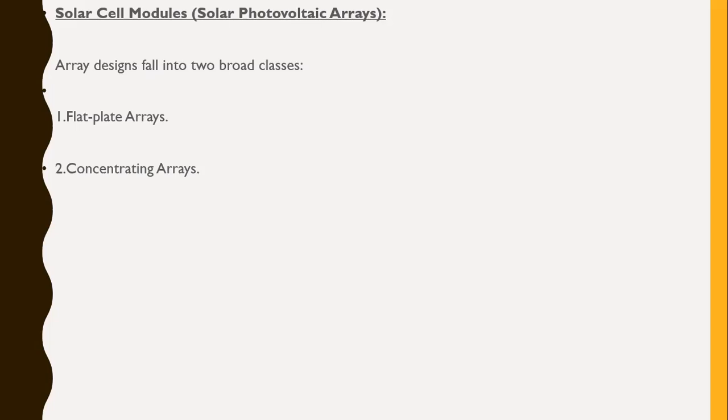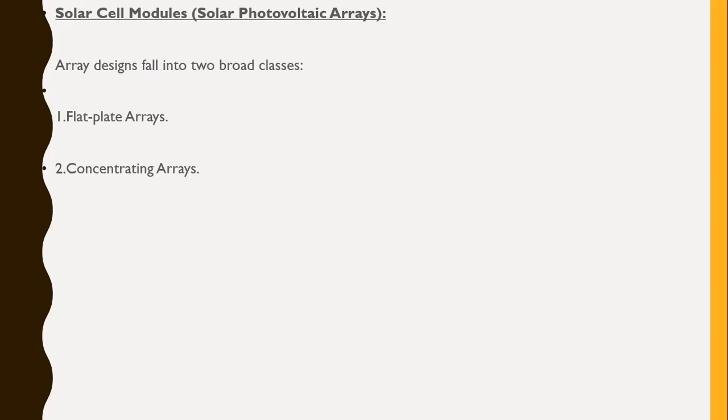This fixed array is oriented east-west and tilted up at an angle approximately equal to the latitude of the site. Right? For example, Baroda has a latitude of 22 degrees, which means this fixed array is oriented east-west and tilted up to 22 degrees.